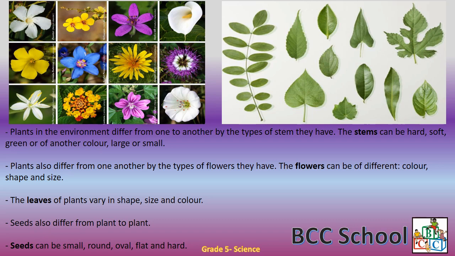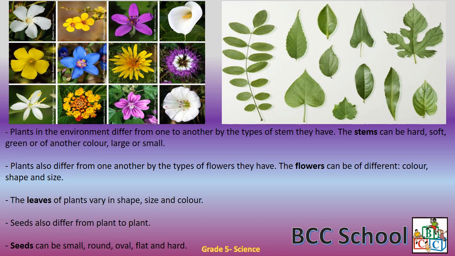Plants also differ from one another by the types of flowers they have. The flowers can be of different color, shape, and size. As you can see in the first picture, we have different flowers of different colors. There are flowers which are purple, yellow, and white, and blue as well.